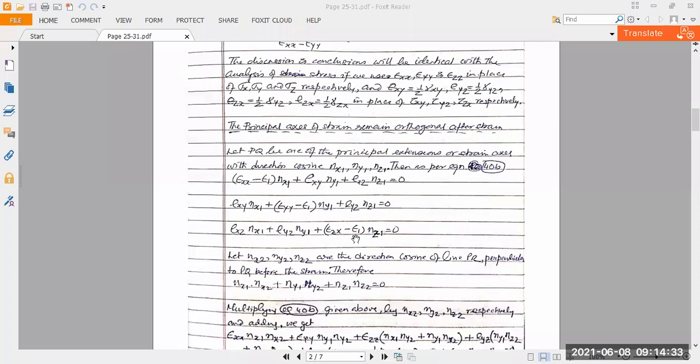Epsilon is the total strain along the PQ line itself, and these are their components.